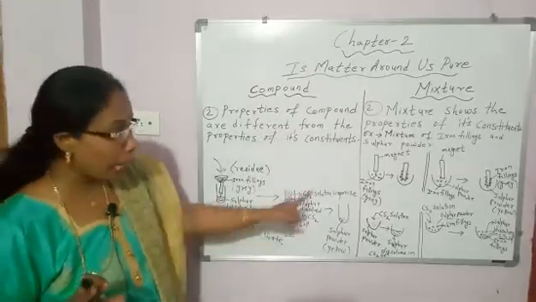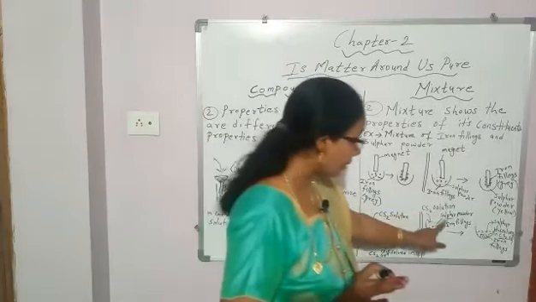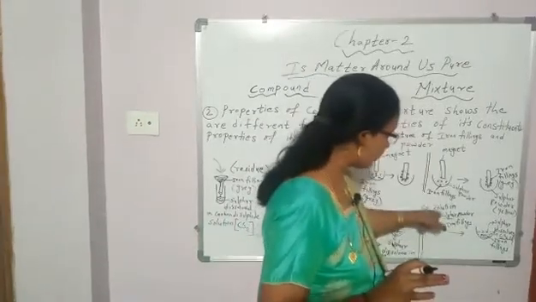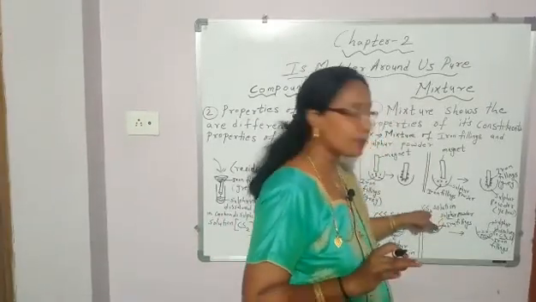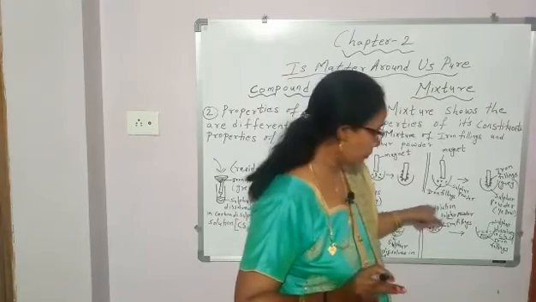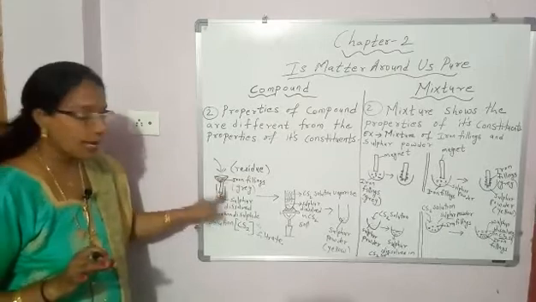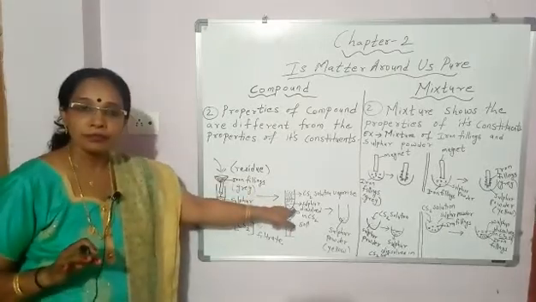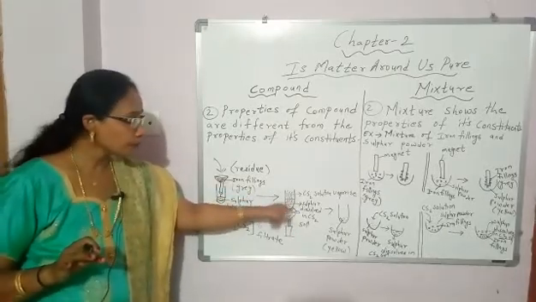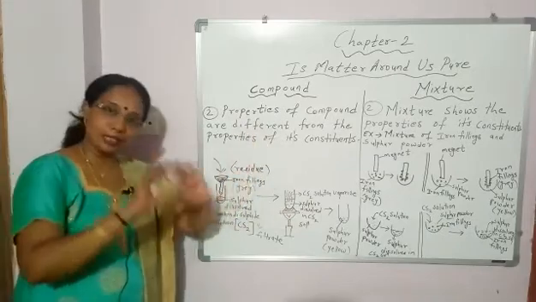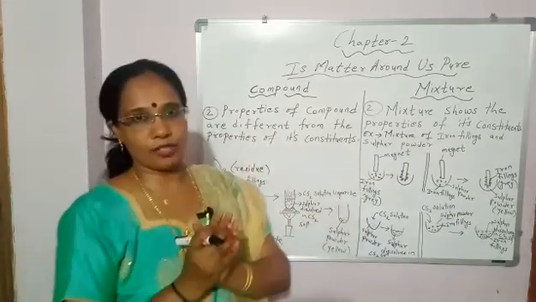Okay. So, to separate, how many steps did you need here? First, you dissolved sulfur in carbon disulfide solution. Then the step was filtration. And after filtration, the step is evaporation. This way the two constituents you separated.